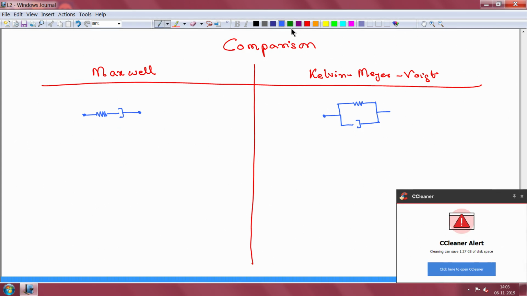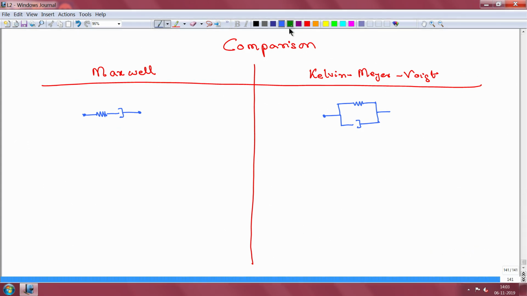So, we will just quickly make a note. The Maxwell model we found was suitable for a viscoelastic fluid. Similarly, the Kelvin-Voigt model was suitable for a viscoelastic solid.